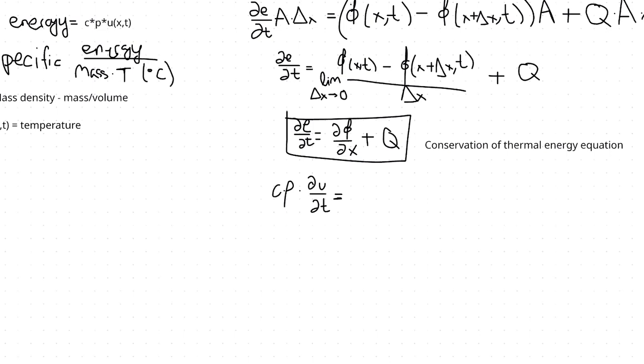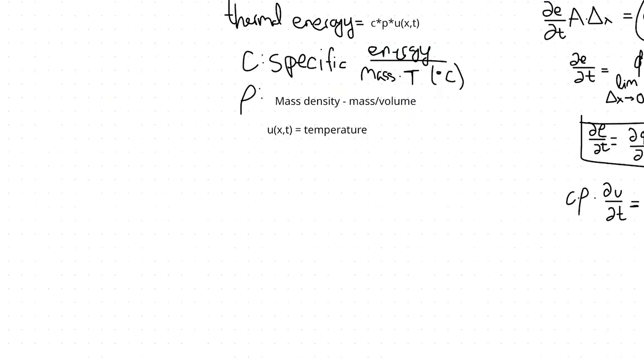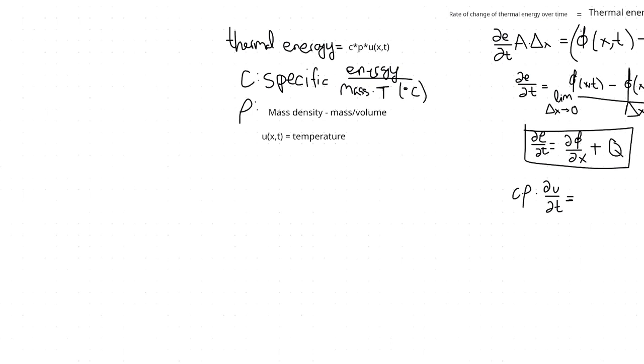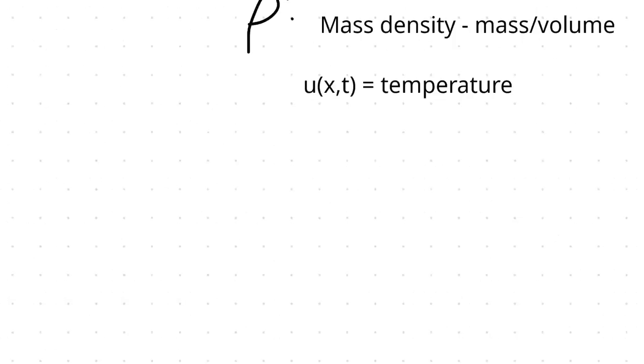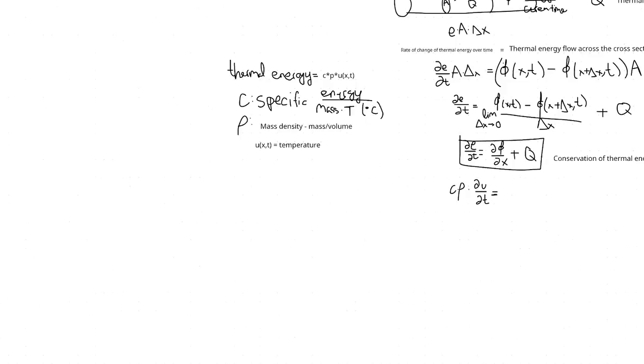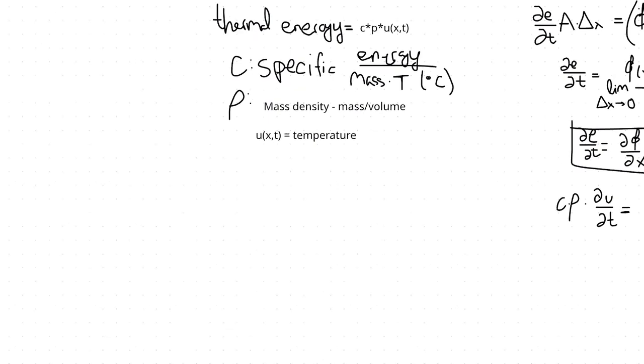Now, for partial phi partial x, we're going to do another derivation. So for this part, we're going to need to introduce something called Fourier's law, which is a law that comes from intuition.